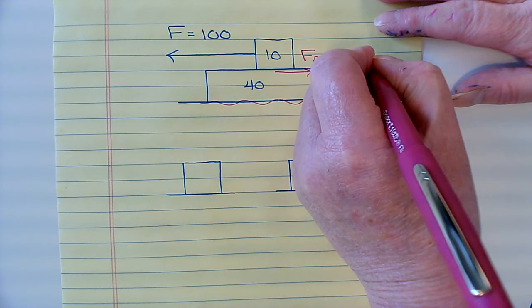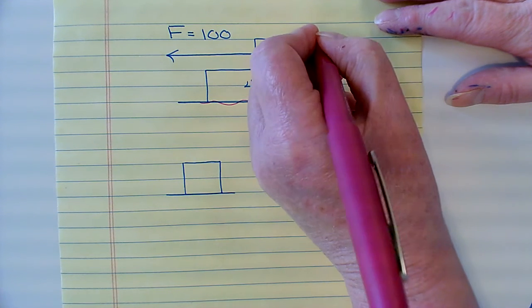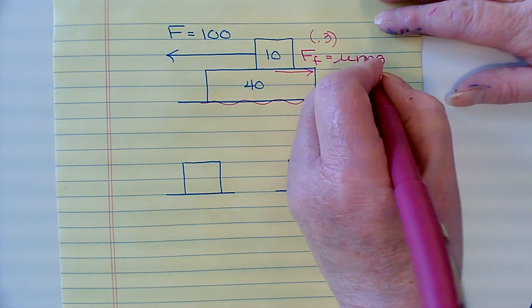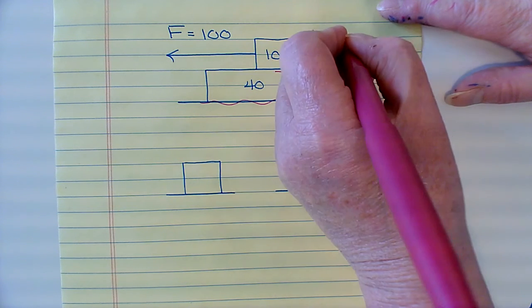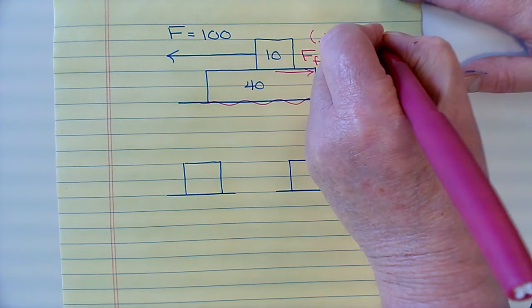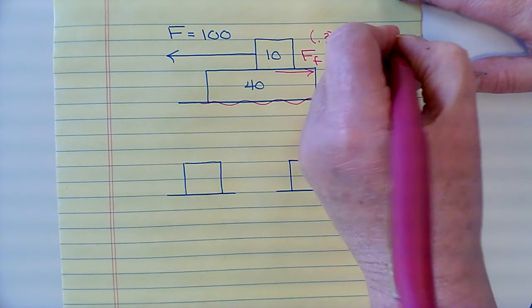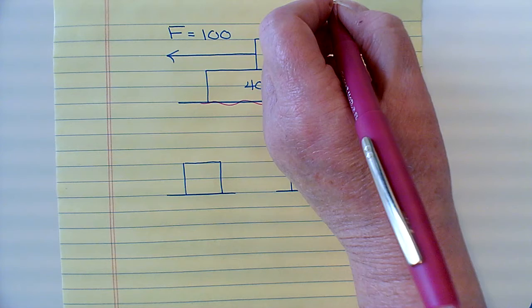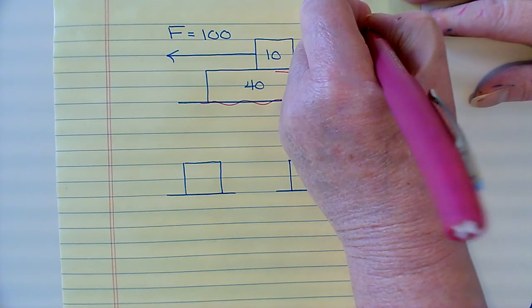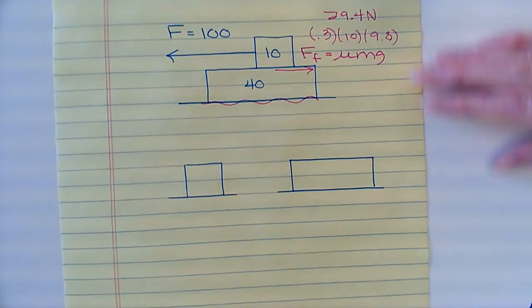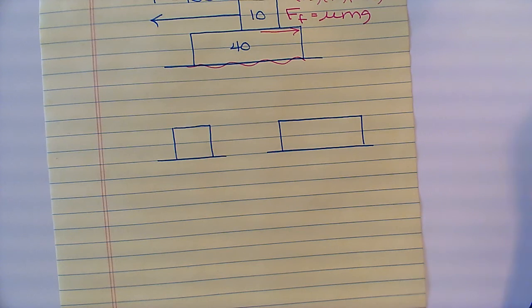That's going to be equal to mu m g, where mu is 0.3. The mass is only going to be the mass that's above it, so that's 10, and g is 9.8. That turns out to be 29.4 newtons. All right, so knowing that, let's see what's going to happen.